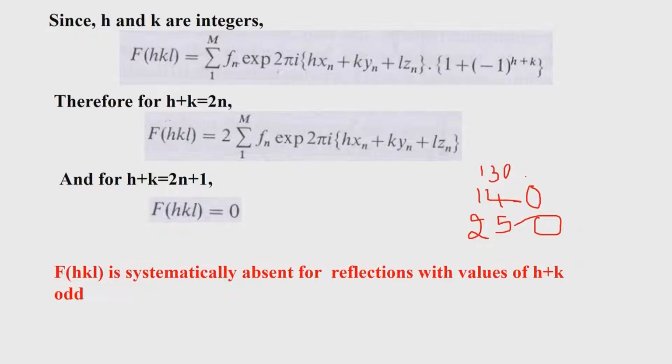It is not necessary to take 0. I can take, for example, 131. What will happen to this reflection 131? That 131 will have to worry only about h plus k even. So, for all HKL values, whether L has any value including 0, h plus k odd will be absent, and that therefore characterizes a C centered lattice.